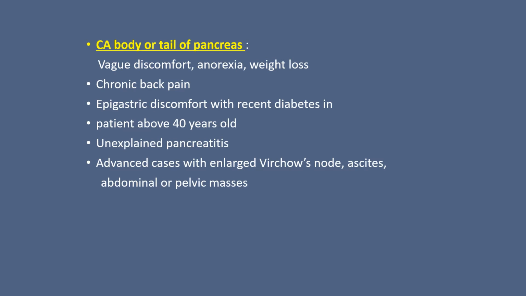They can have epigastric discomfort as the tumor grows in size, and the development of recent diabetes, especially in patients above 50 years old, or 40 years old. They can have unexplained pancreatitis, and in advanced cases, they can present with an enlarged Virchow's node, ascites, abdominal or pelvic metastasis.